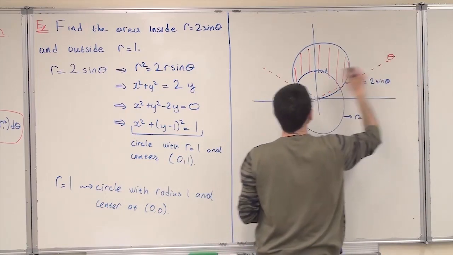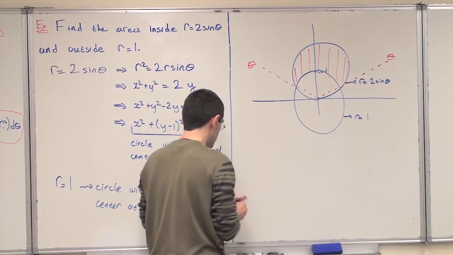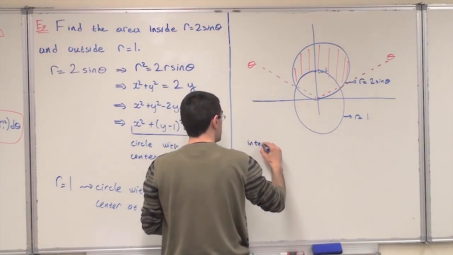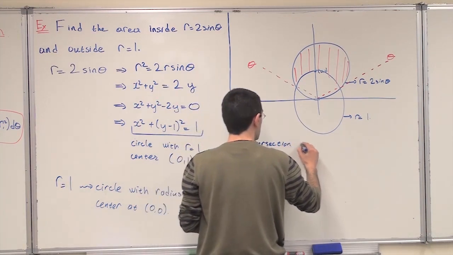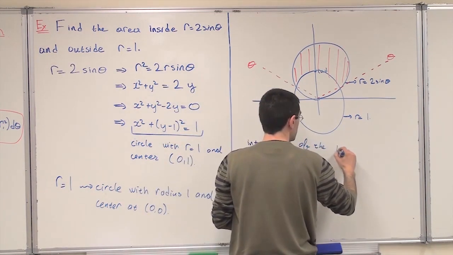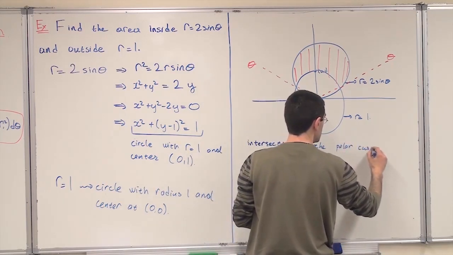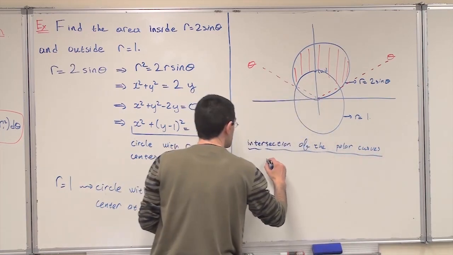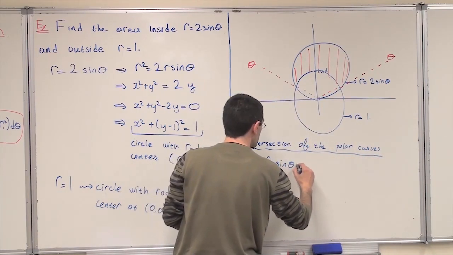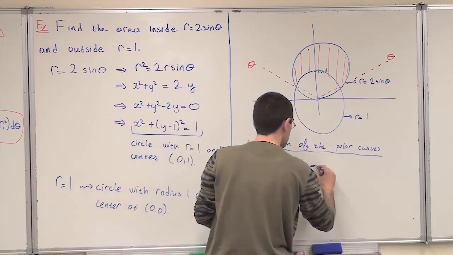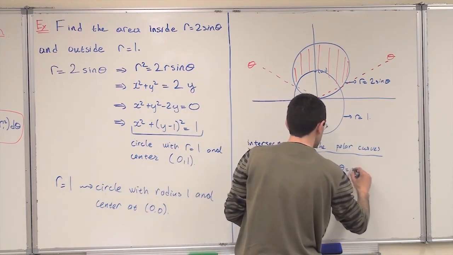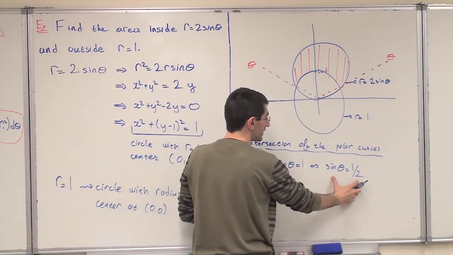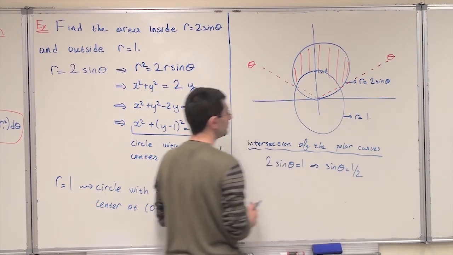So we need these two values of theta, the intersection of the polar curves. So we set these two polar equations equal to each other and then solve it for theta. So we find the trigonometric equation sine theta equals 1 over 2.